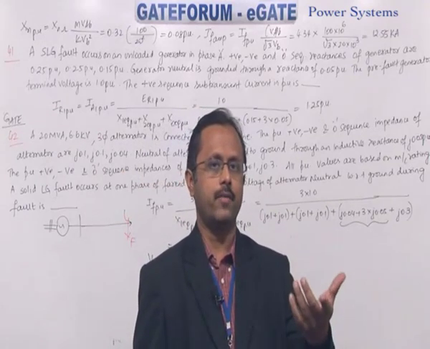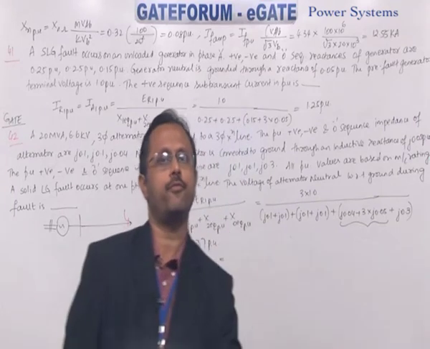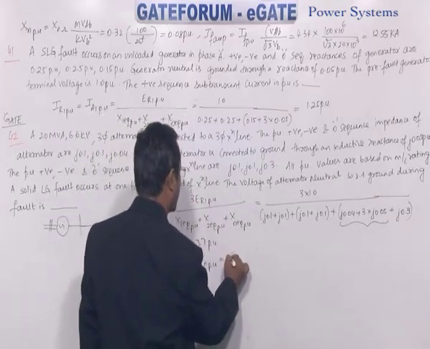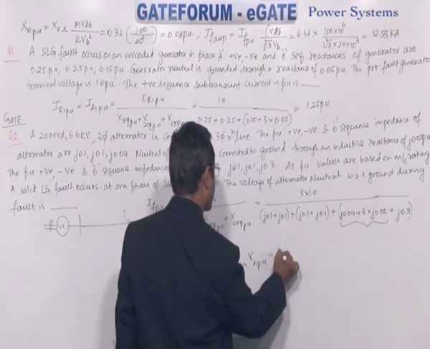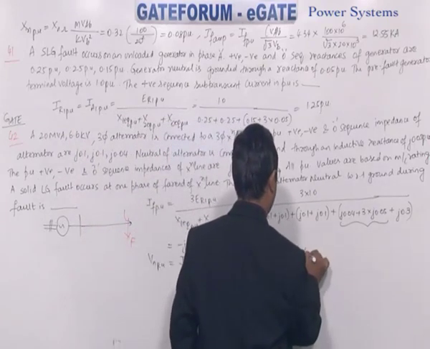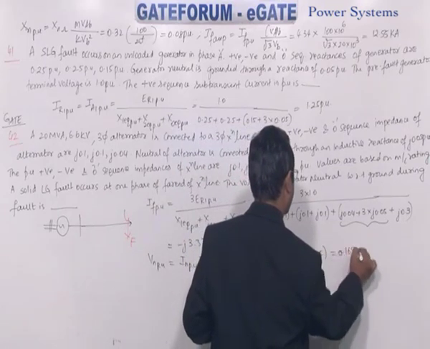So IN is the same as IF. We substitute 3.37, and XN is 0.05. How much? 0.168 per unit.